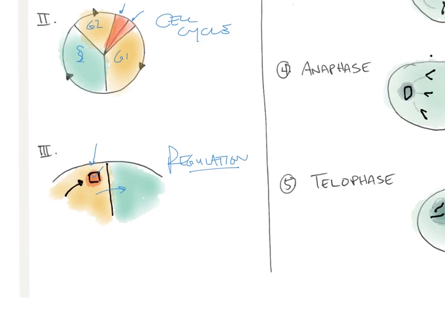If that checkpoint is not met, then the cell will either try to fix the problem, so maybe it grows some more, or it checks this DNA replication before it goes through that division. Also remember that there is significant regulation in the S phase, in the DNA replication stages. That's chapter 12 in the OpenStax textbook if you need to go back for a refresher.